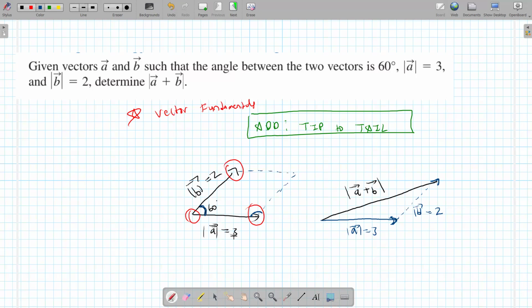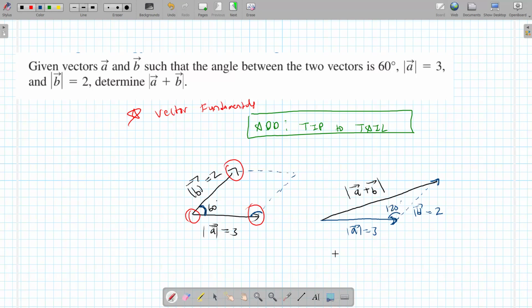It needs to add up to 180. It's going to be 180 minus 60, which is 120. So that angle there is going to be 120 degrees.